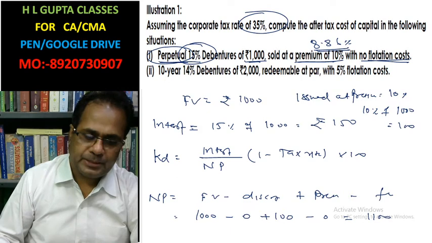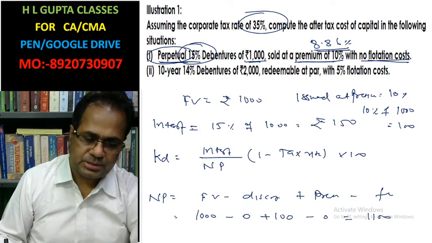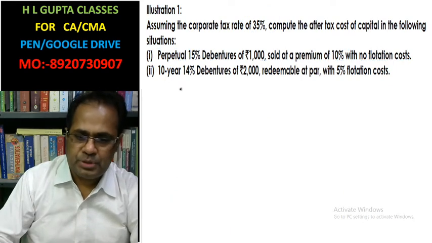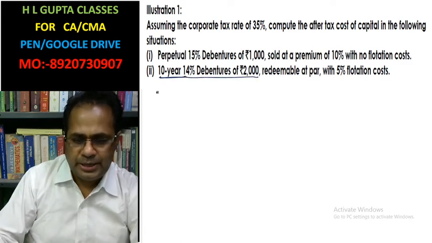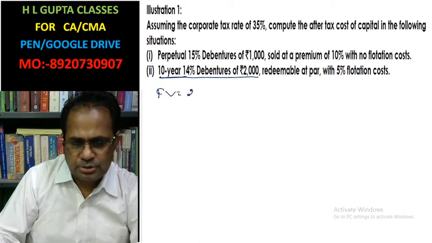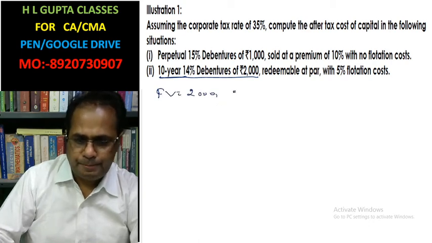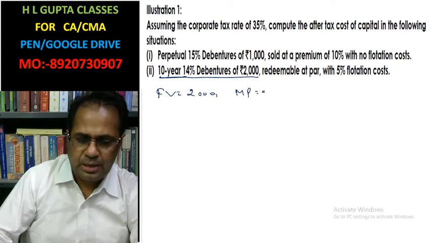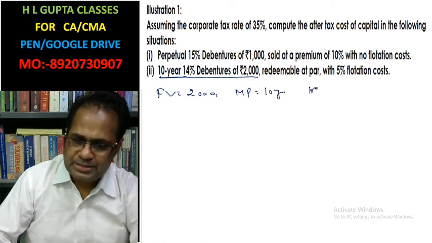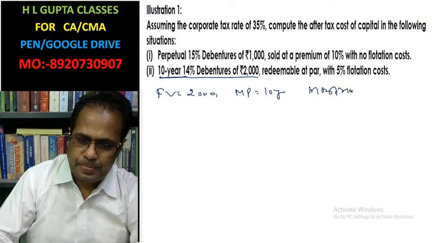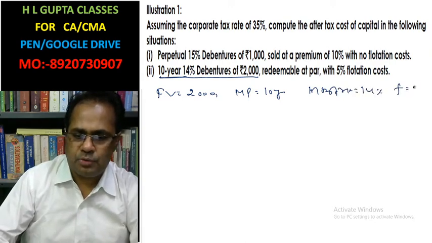Okay, now please look at the question of the second case. 10 years 14% debenture of face value 2000. In this case, face value is 2000, maturity period 10 years, interest rate 14%, floating cost 5%.